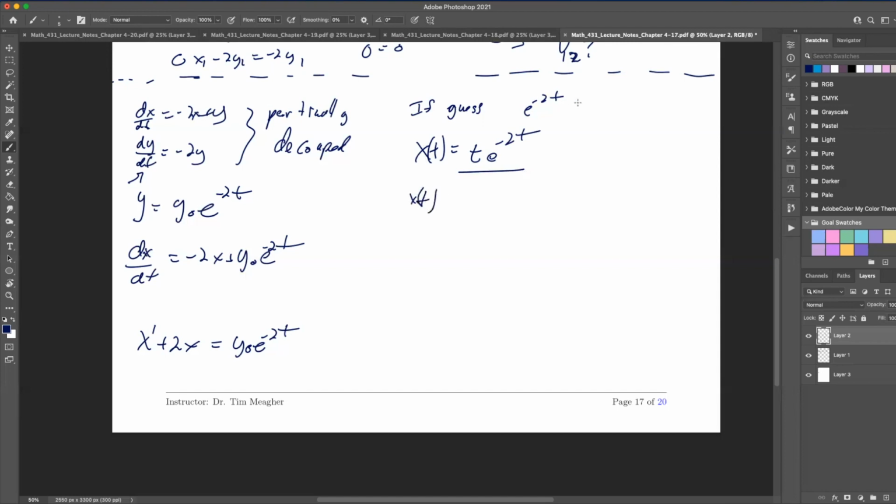And so x of t all put together, hold on. This would be our xp guess. Xp guess ends up being this. And then x of t ends up being y naught. Oops, do I have this the wrong way?